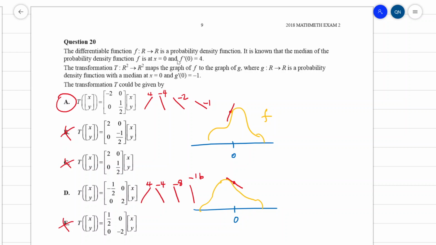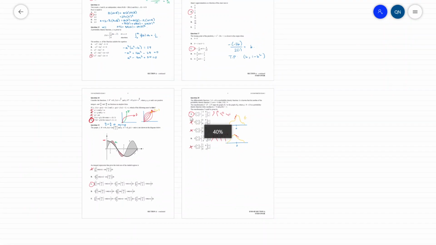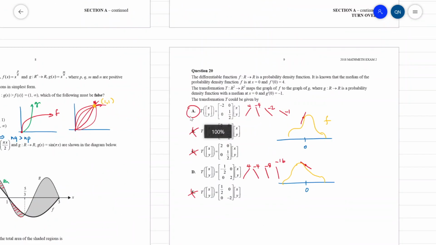And because we are working with a probability density function, the area should always be 1. So it makes sense that if you multiply these dilations together, they always give you plus or minus 1, which means the unsigned area underneath the PDF remains fixed at 1. So yeah, we'll finish off with A.